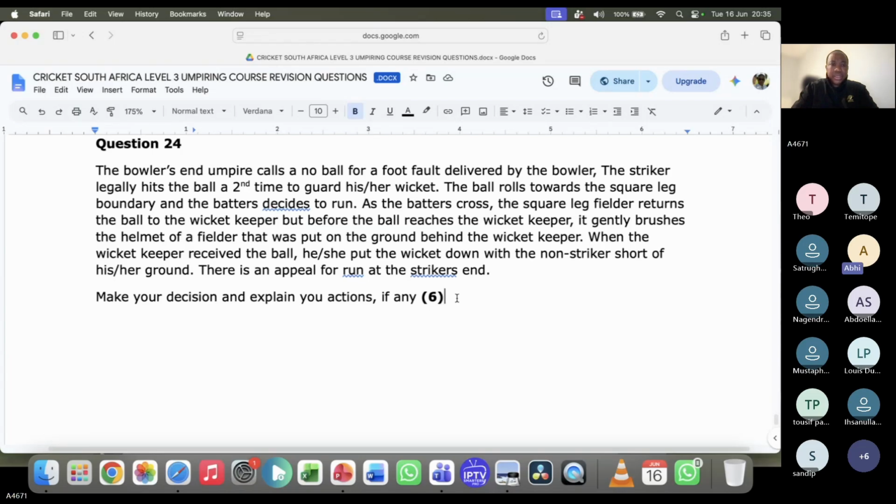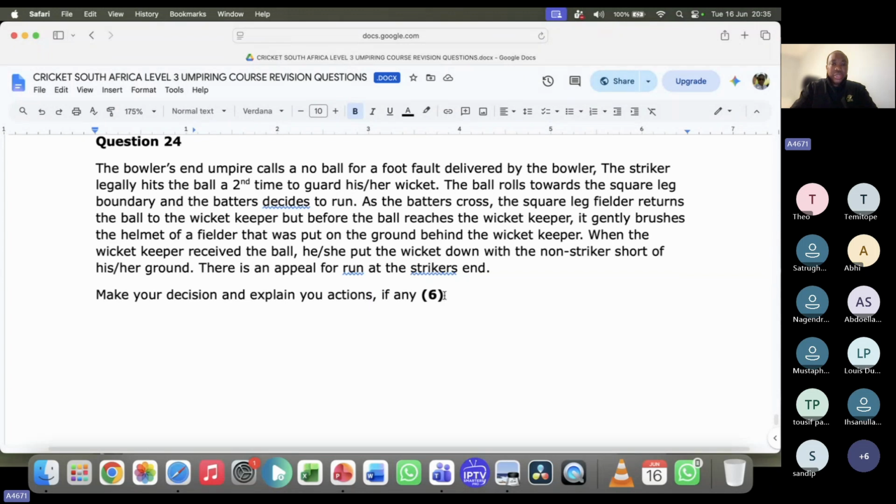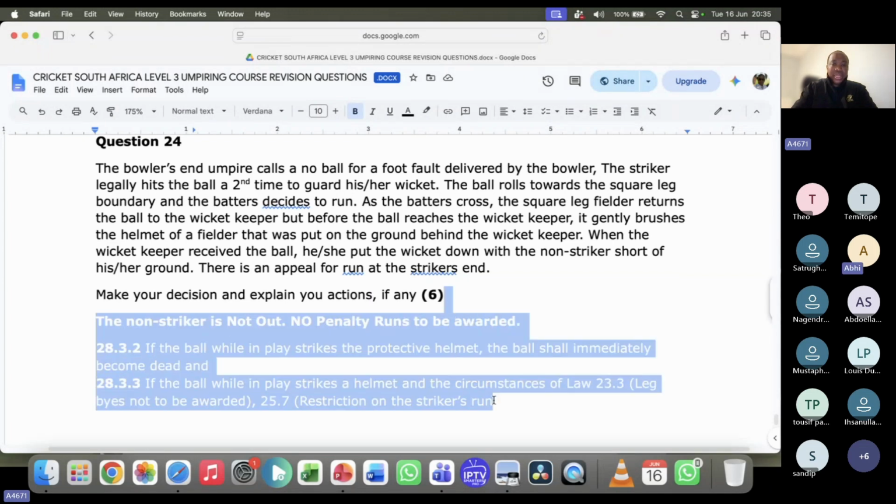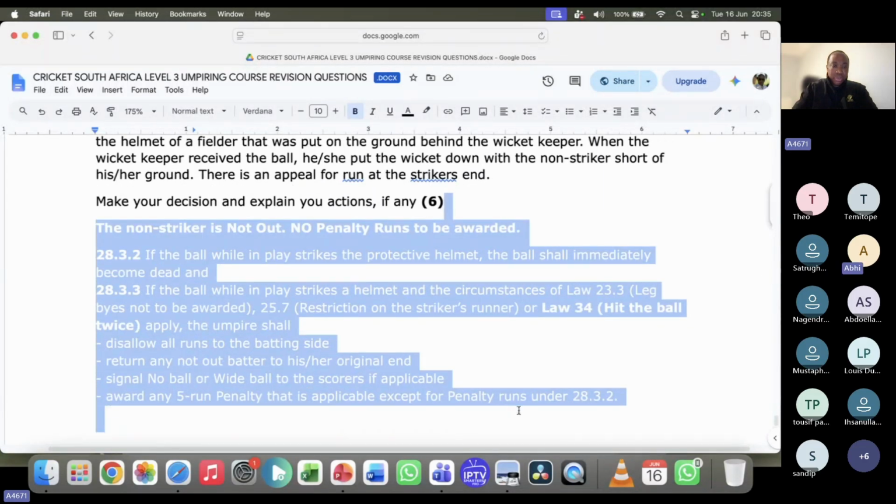So they shouldn't have run in the first instance, but as umpires, we let them run so that the fielding side is not disadvantaged and they can run the batters out. Because there was a second hit of the ball by the striker. Yes. That is why we're going to disallow all runs to the batting side, including the 5 penalty runs for the ball hitting the helmet.